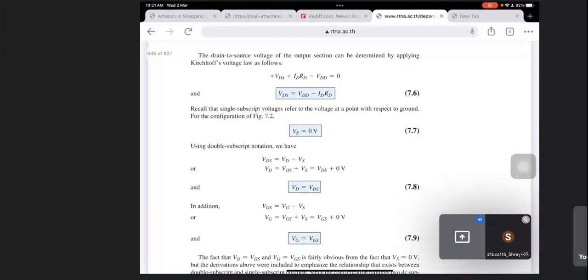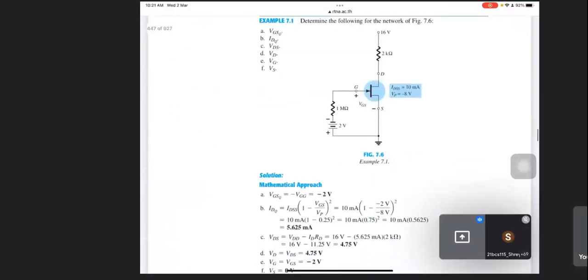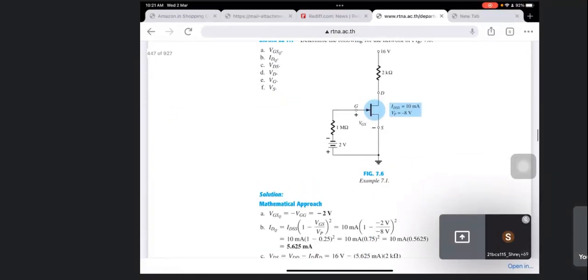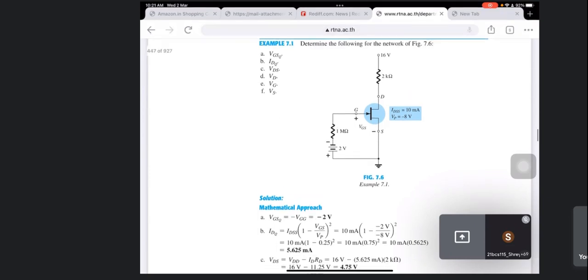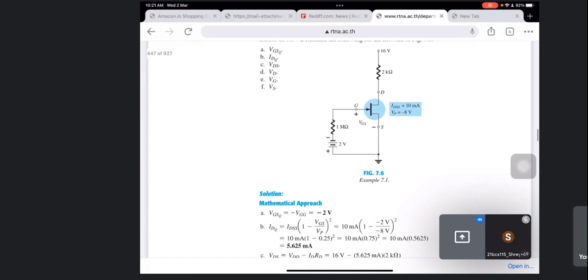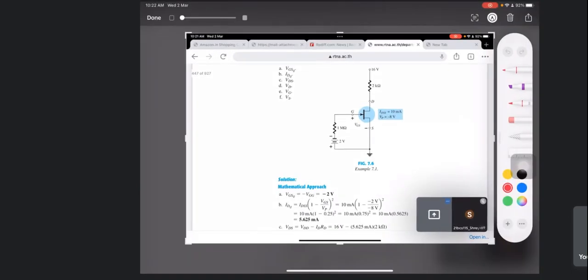So that is about this. If I take this example, here, if you see, we have to find out this VGS.